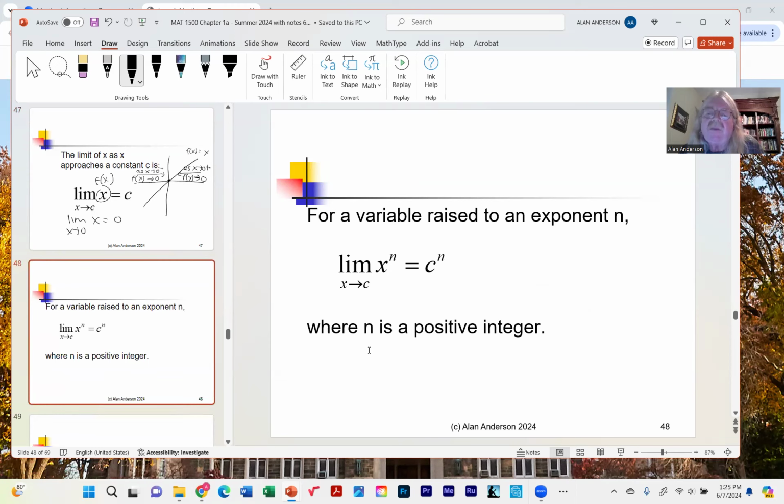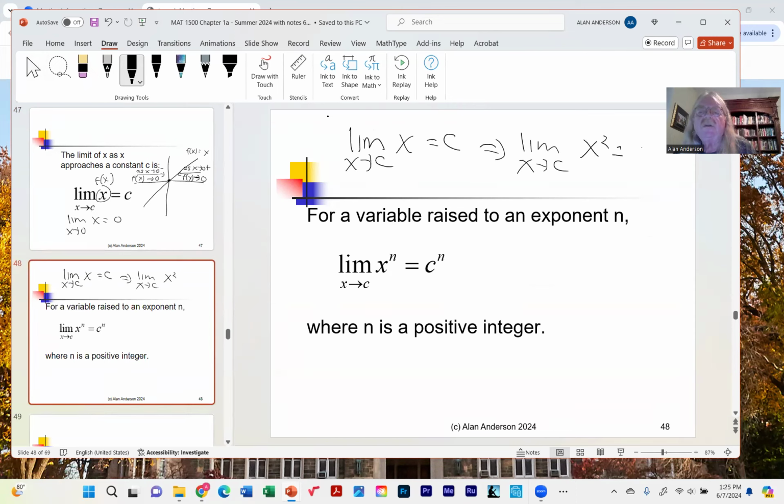And then if we raise that to some exponent, as you can probably imagine, if the limit of x is equal to c, then that certainly stands to reason that the limit of x squared is just c squared. So in other words, let's say I pick 2.